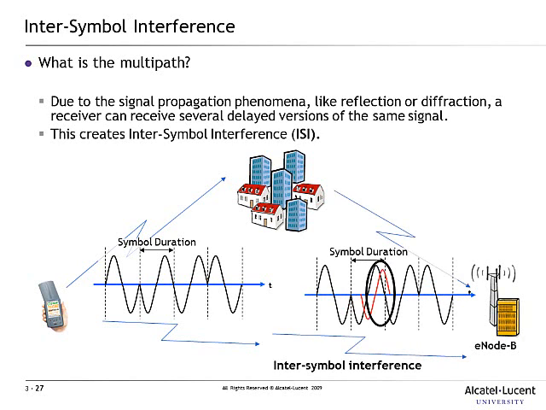So if we take this particular symbol here, you have the version that arrives directly, and you have the red one. The red one is the one that has come through a reflection.